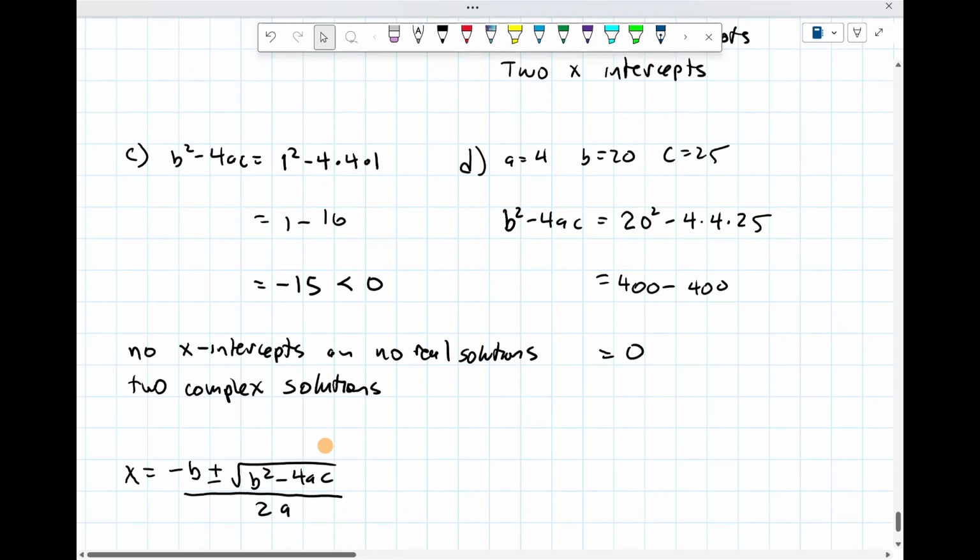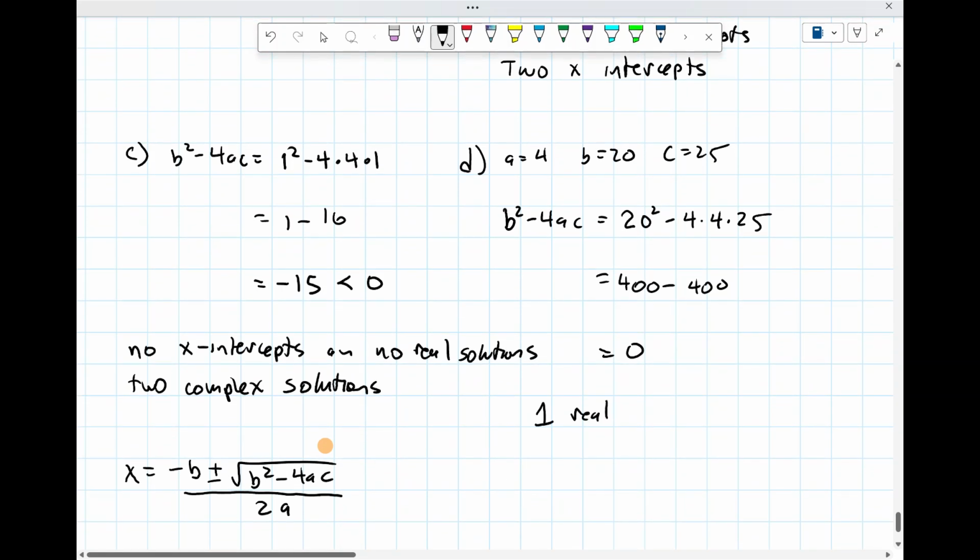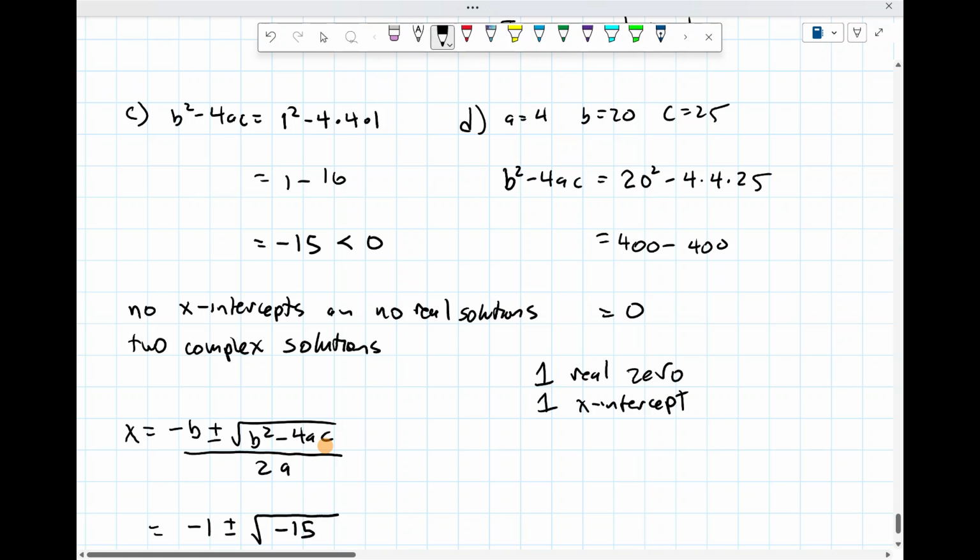So this will have one real zero and one x-intercept. Let's use the quadratic formula to find the one real zero.